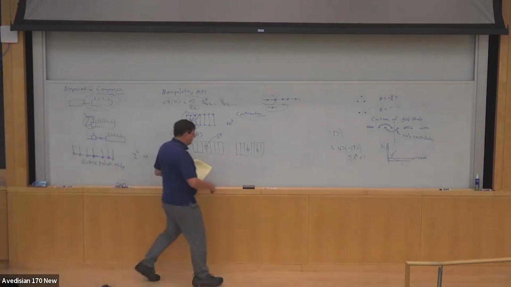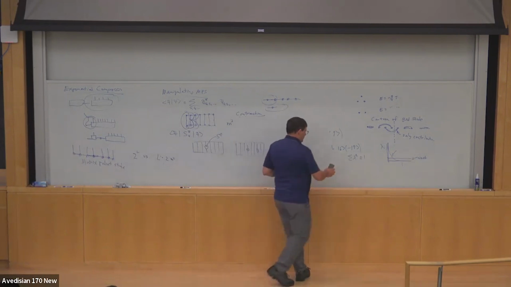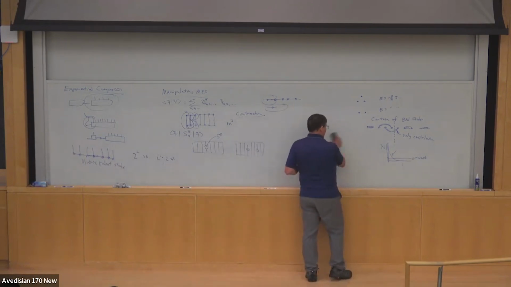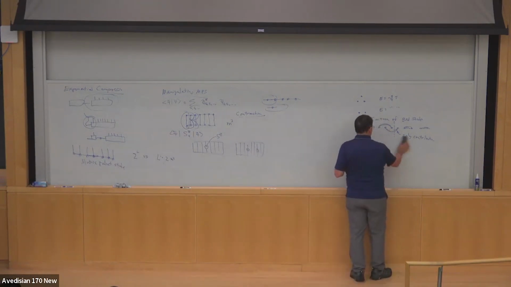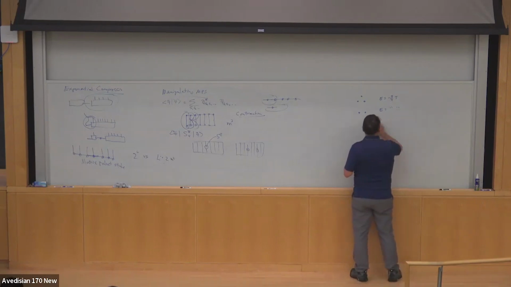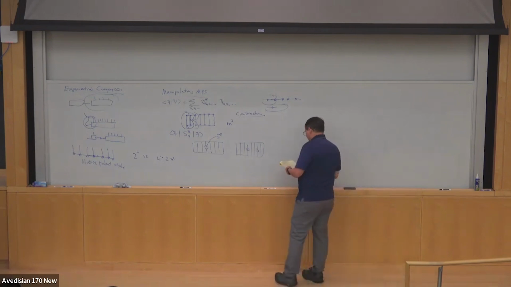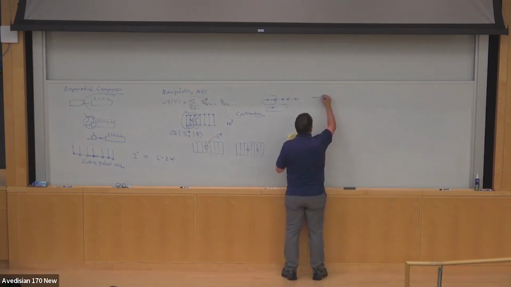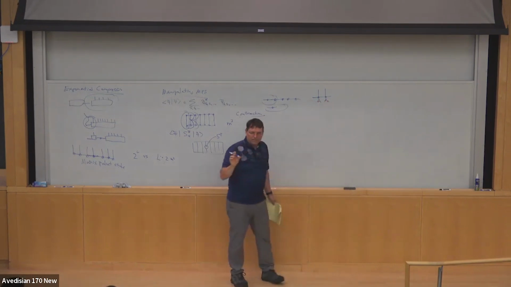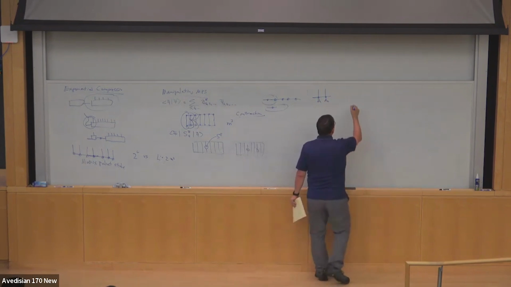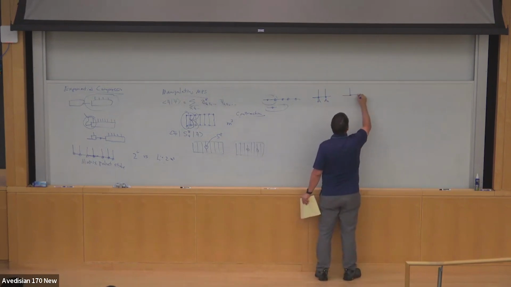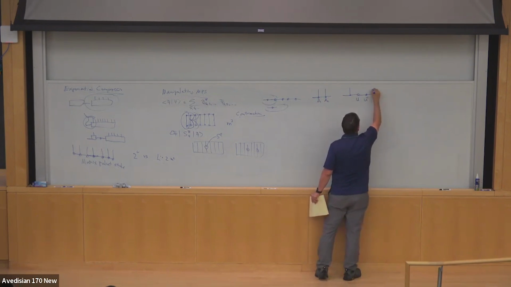In terms of practical calculations, it's important to take advantage of a gauge ambiguity in the definition of a matrix product state. Suppose I look at just two of the tensors. There's an A1 and an A2. Suppose I took a matrix and a matrix inverse in between those. So this is a U and a U inverse, and stuck it between them.